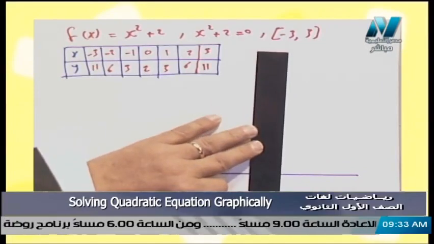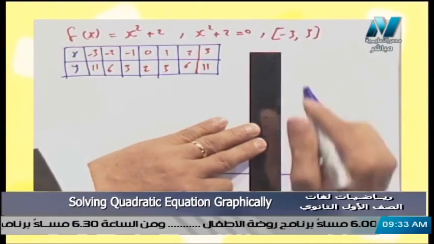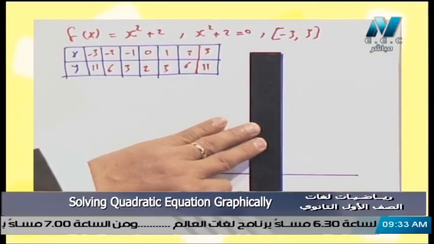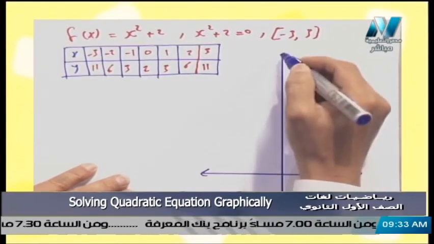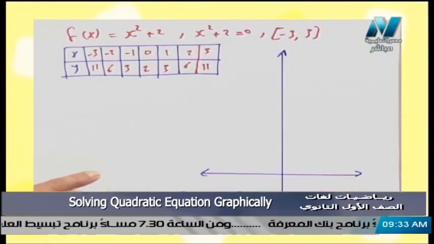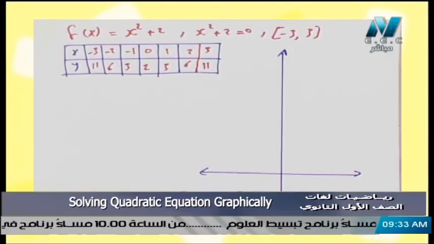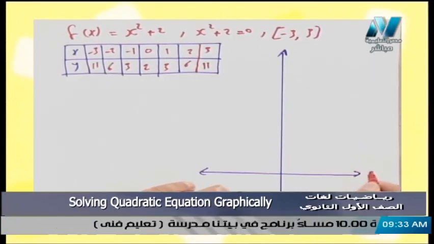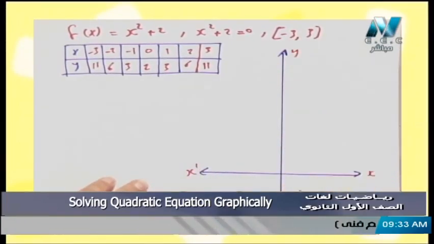This is the x-axis and this is the y-axis. You have a notebook graph, so it will be easier for you than me. We have here x dash, y and y dash.